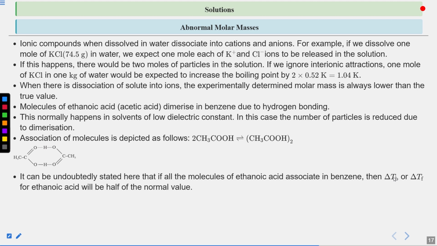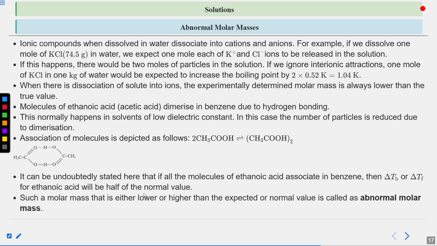Like in this case, where there is association, the value that we will get will be half of the original value. Such a deviation is called the abnormal molar mass. So this was all about the abnormal molar mass in a qualitative manner.